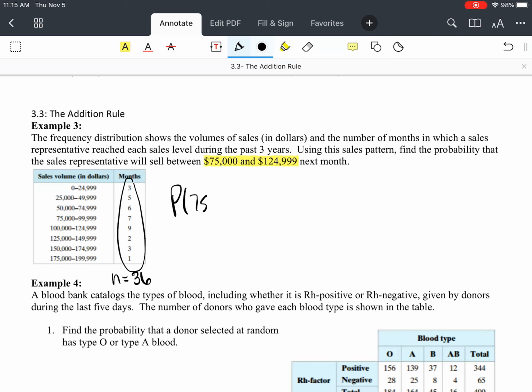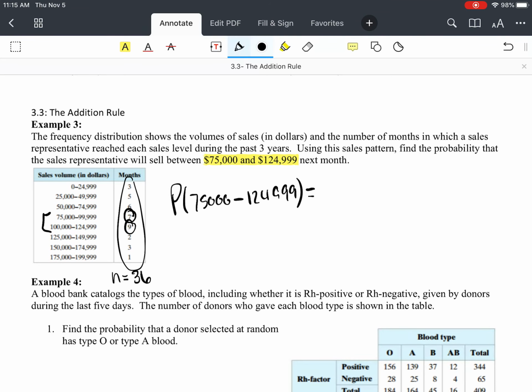Now we're looking for the probability that we get between 75,000 and 124,999. We have 2 events here, right? We know that this is mutually exclusive. The events are separate, they can't happen at the same time.